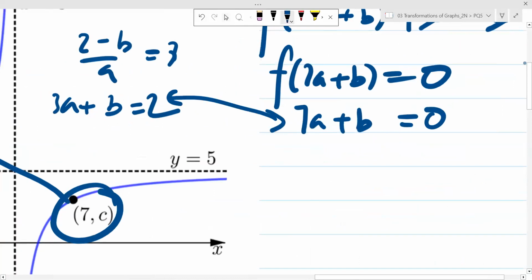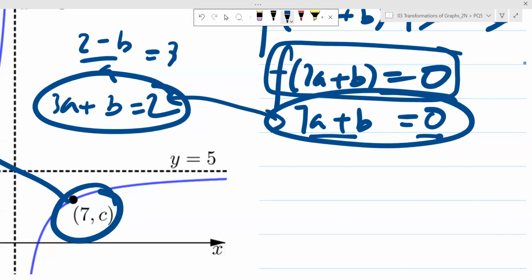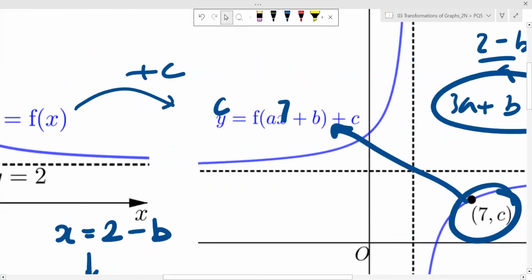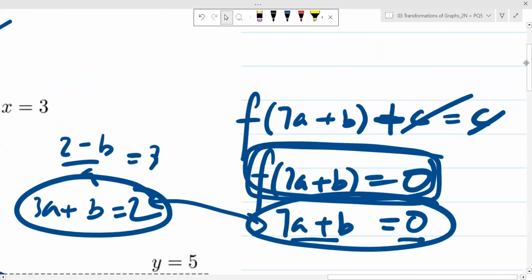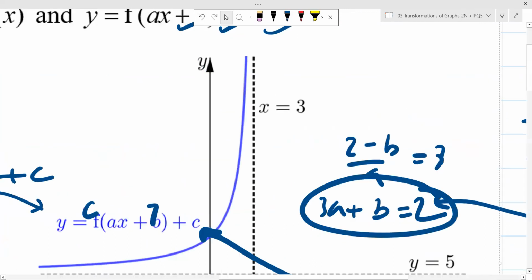So you solve these two things simultaneously. The reason I can say 7a plus b is 0 is because of this step, and the only value of x for which f of x is 0 is when x is 0. 7a plus b came from substituting 7 into the equation of the second graph.